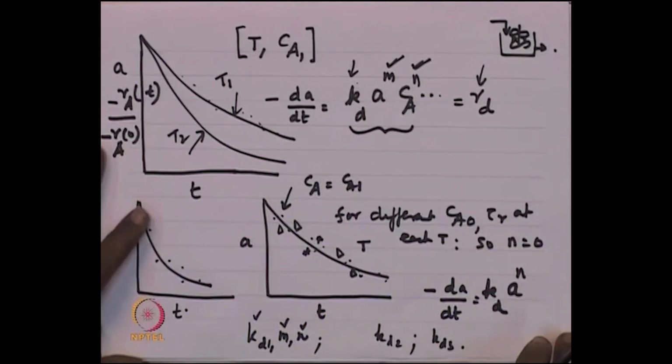Okay. Therefore, we have a value of M, a value of N and a value of Kd for different temperatures.